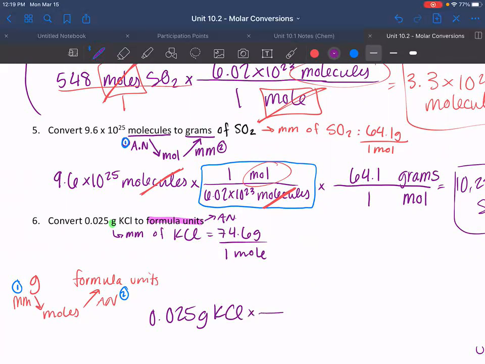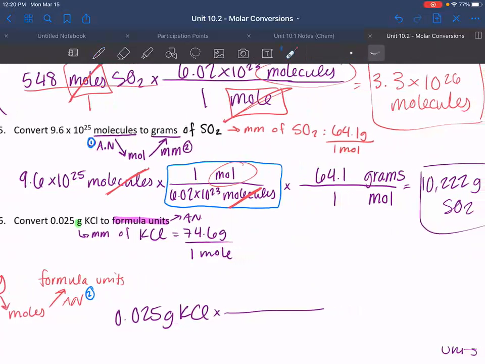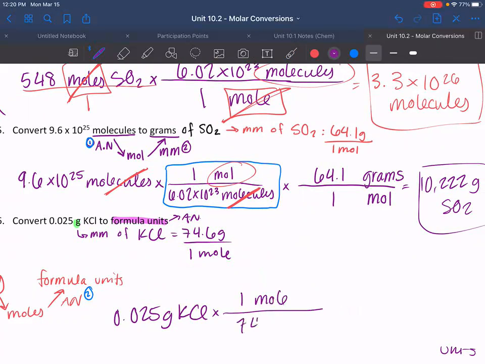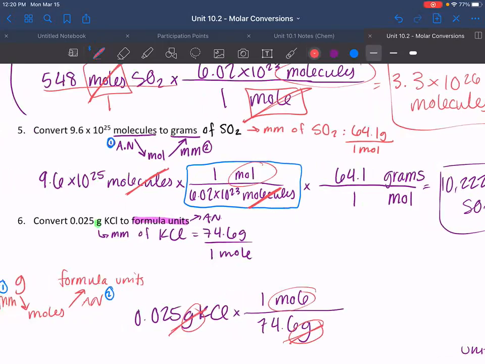We're going to have to use our molar mass, which we have defined up here. Do we multiply by this as is, or do we want to swap what goes on the top and bottom? Flip it. So we have 1 mole, there are 74.6 grams. We flip it so we can cancel the grams with the grams here. We're left in units of moles. Great. We just did step 1.